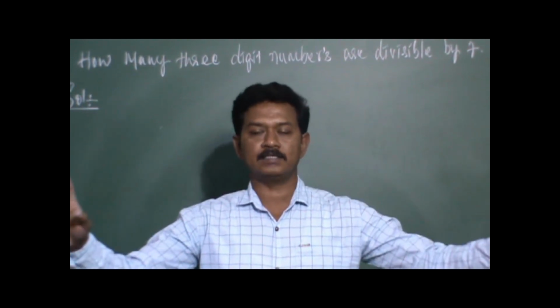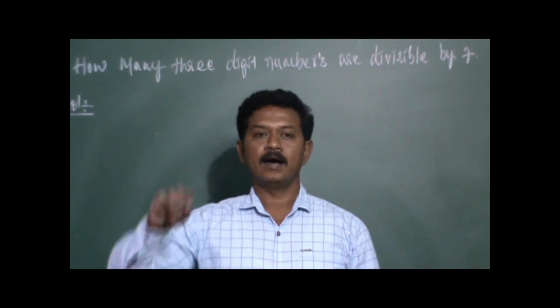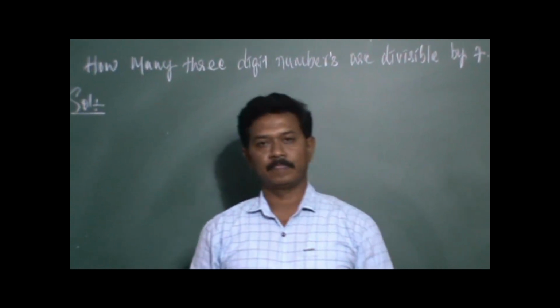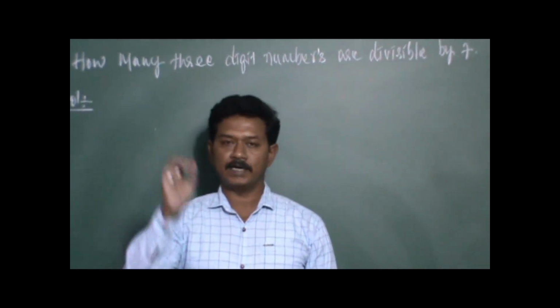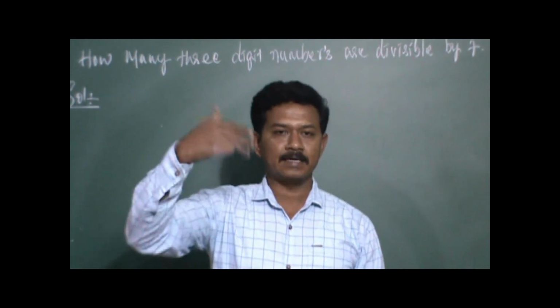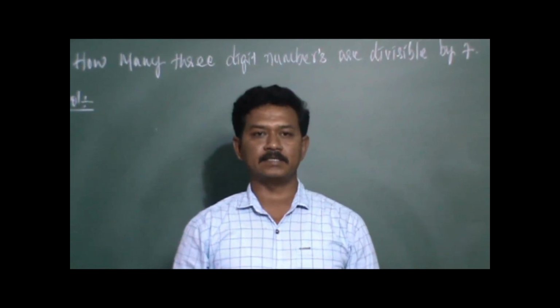So among these 3-digit numbers which are from 100 to 999, how many are divisible by 7? That means when you divide the 3-digit numbers by 7, you should get remainder as 0. So that is the meaning of divisible by 7.